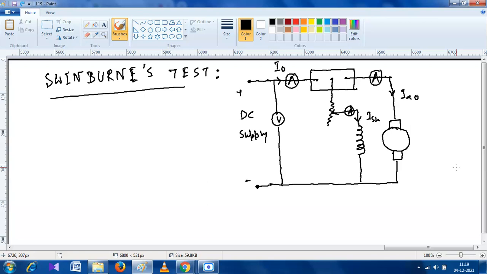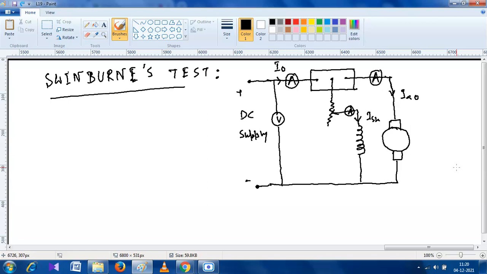In case of direct loading test, there are basically two problems. One is the load arrangement, and number two, the test is less economical.